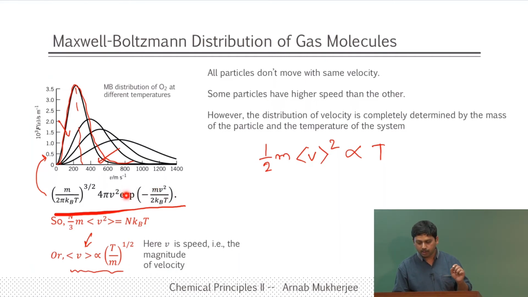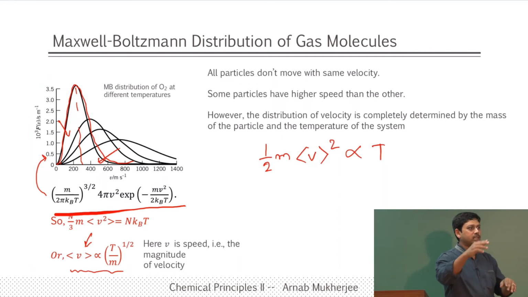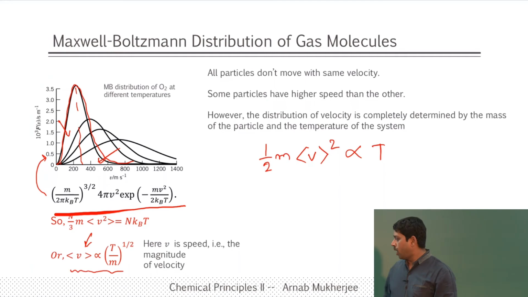You are asking what will happen to the mixture of that distribution, right. So, it will be a mixture of these two equations. So, it will be a mixture of two Maxwell-Boltzmann distributions.